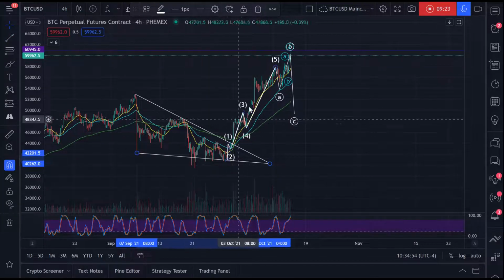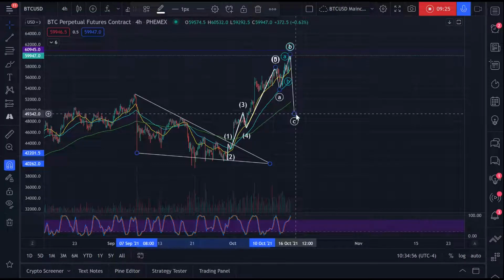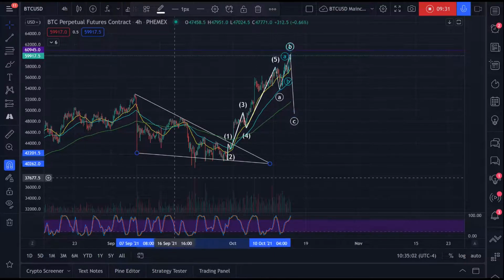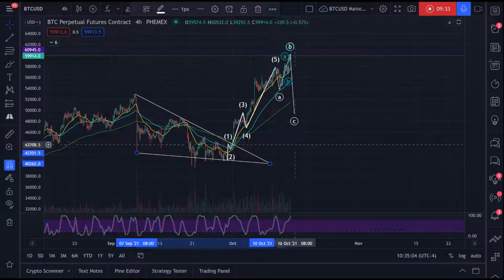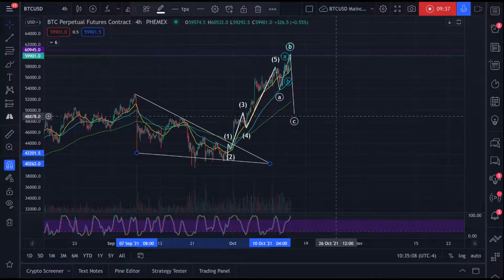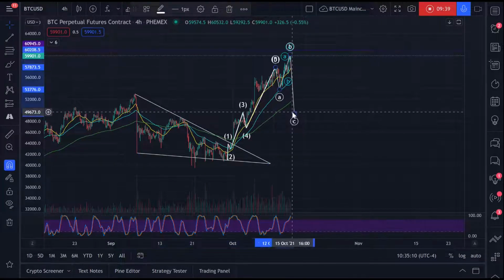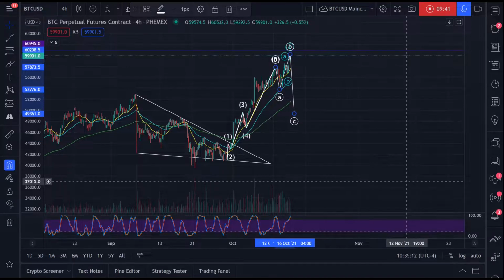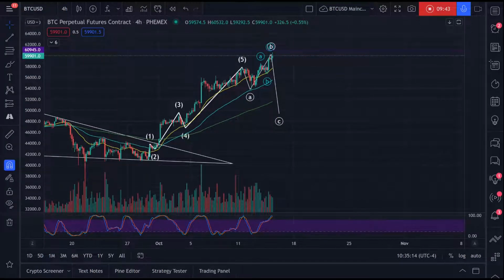You're basically coming back down to 49.3 or whatever, 50K, to retest this breakout right here. You're not coming down all the way, I don't believe, but basically to a support zone here. That's why the idea that this is an expanded flat makes sense. That's why I'm trading, and maybe some of you also are trading, that theory of an expanded flat.